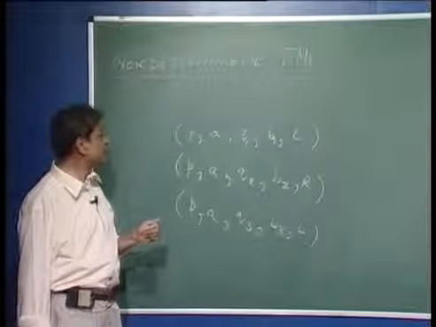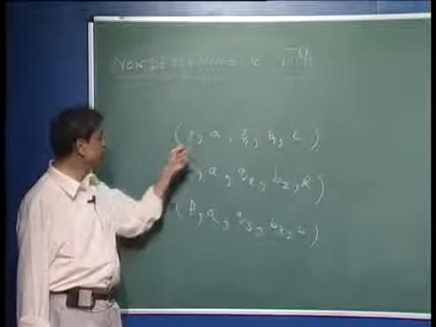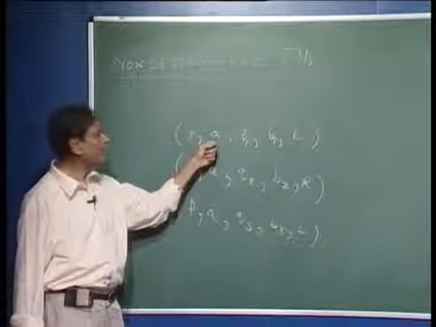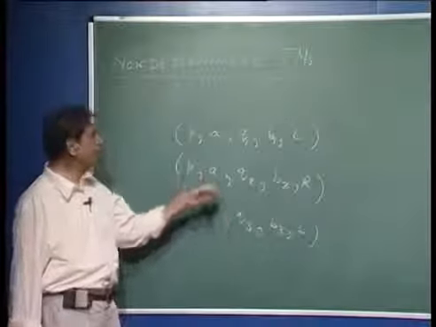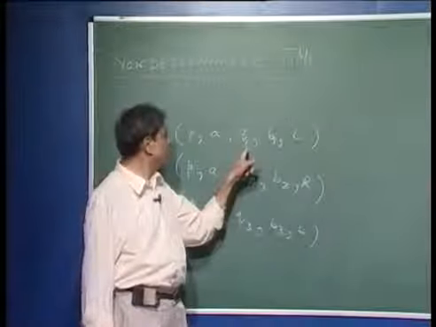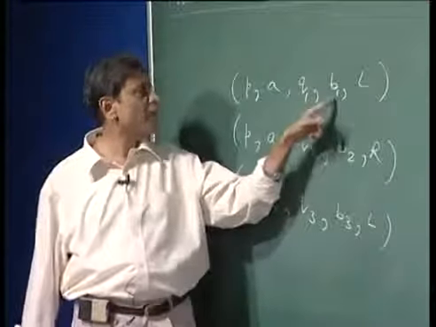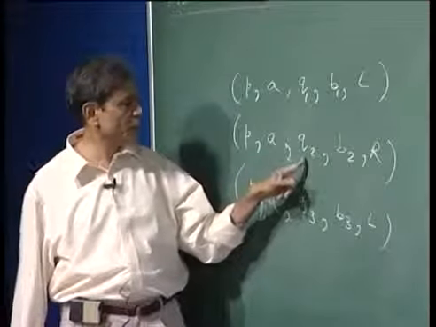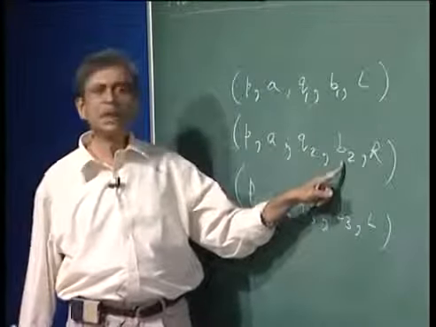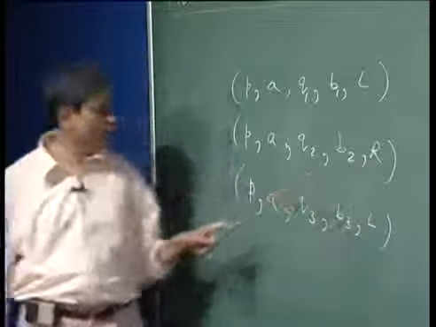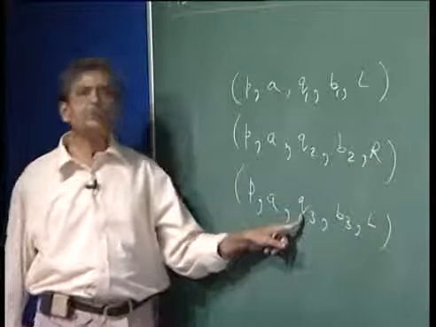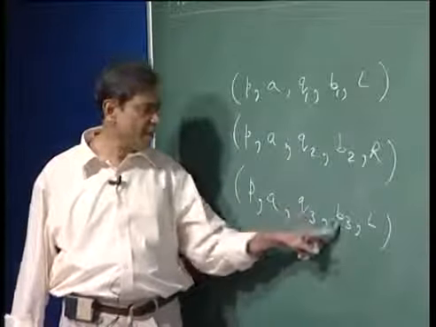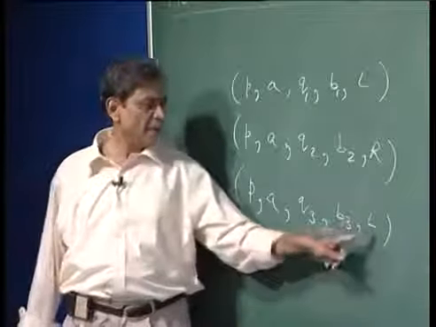In that case, what can we say? When the present state is P and it is scanning the symbol A, the machine has three choices. Either it can go to state Q 1, writing B 1 in the current cell and moving to the left, or it can go to state Q 2, writing B 2 and moving to the right, or it can go to state Q 3, writing B 3 in place of A and moving to the left.